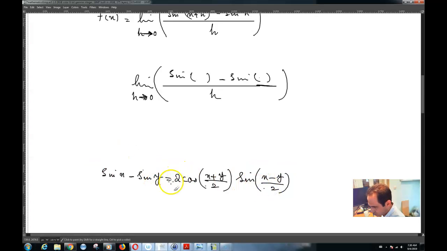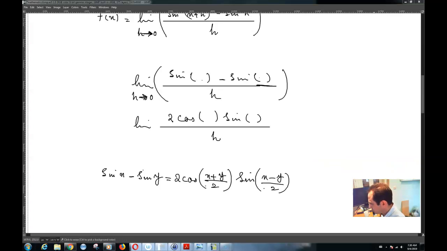Then we used this formula in the numerator, and we wrote this as the limit of 2 times cos of these two angles added together times the sine of this angle minus this angle, and then divided by h.